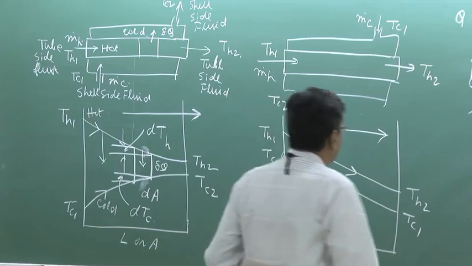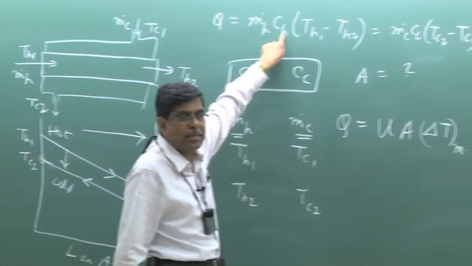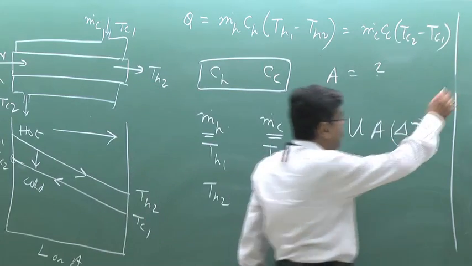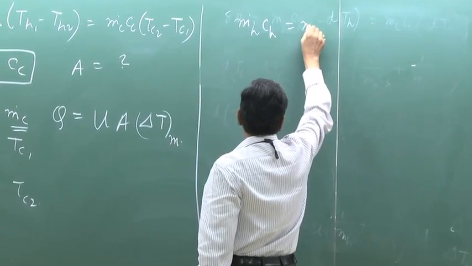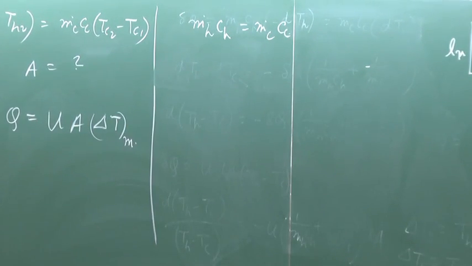Another thing is there, if the product of m dot and c for hot and cold fluid becomes the same, that means if m dot hCH is m dot cCC, there will be a situation for counterflow.